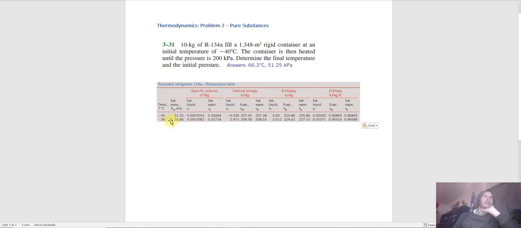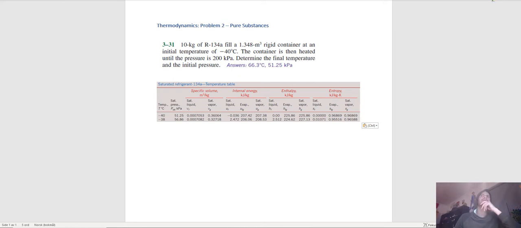When the temperature is negative 40 degrees, for it to boil we need to have 51.25 kilopascal. But it is not certain this is saturated. It can be superheated or undercooled.